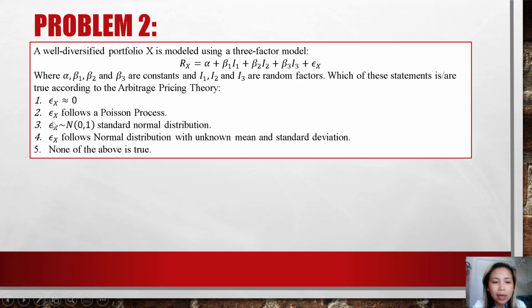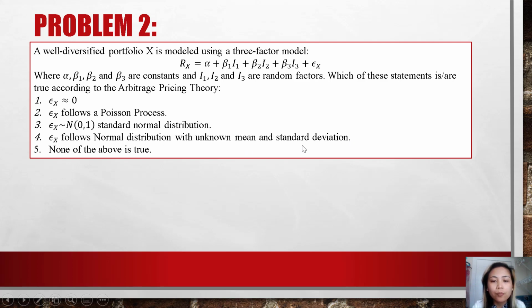Number 3, epsilon X follows standard normal distribution. This is incorrect because there's no way to guarantee that the standard deviation of the distribution of epsilon X is 1. We know it follows normal distribution, but there's no way to guarantee that the standard deviation should be 1. Number 4, epsilon X follows normal distribution with unknown mean and standard deviation.